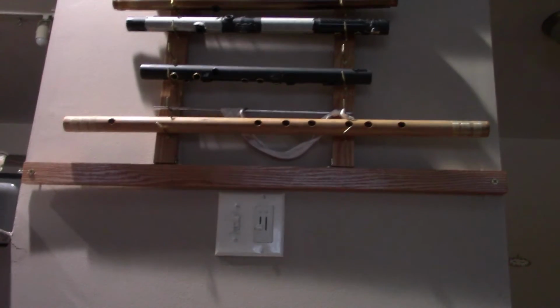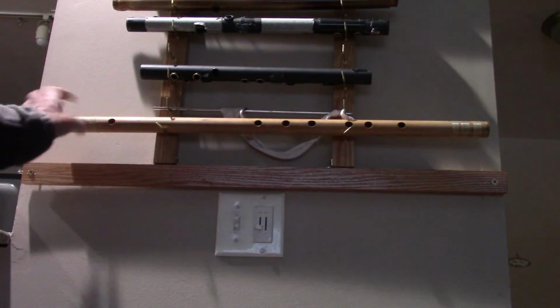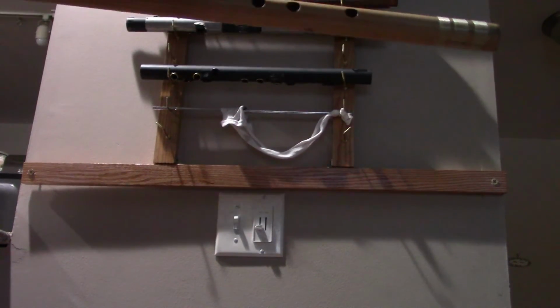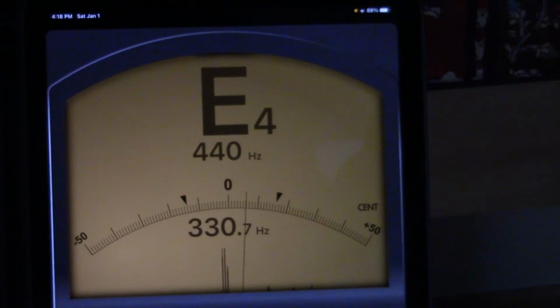Let us examine the pitch of a standard Hindustani bansuri, a standard concert Hindustani bansuri. The tuner measures the main sa as E4. The best way to describe this bansuri is to say that it is an E4 at A equals 440 bansuri.